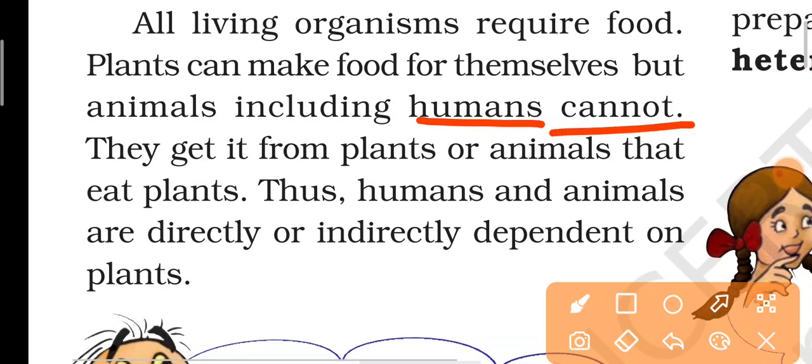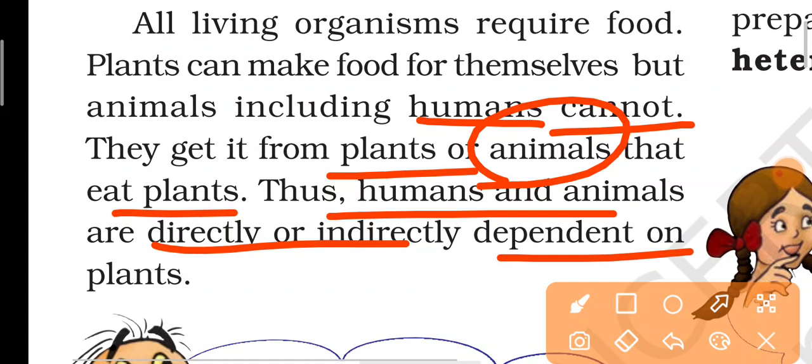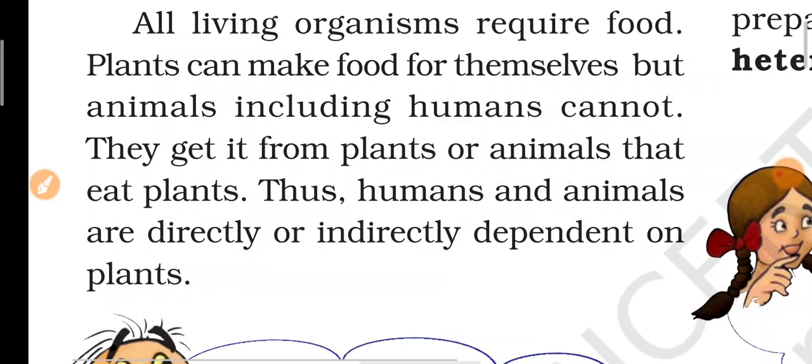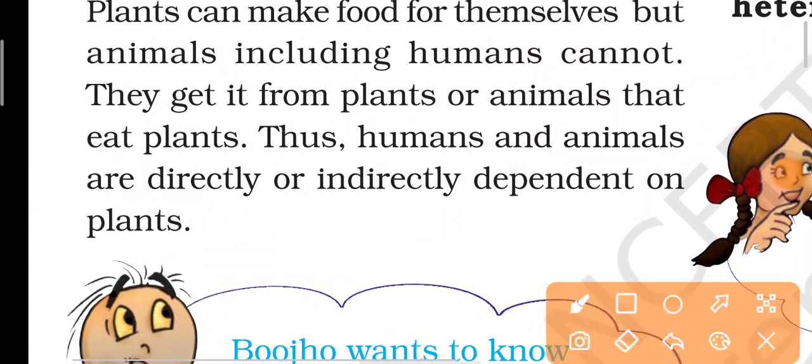And they get it from plants or animals that eat plants. So we humans and animals get our food from plants or other animals which eat plants. Thus humans and animals are directly or indirectly dependent on plants.